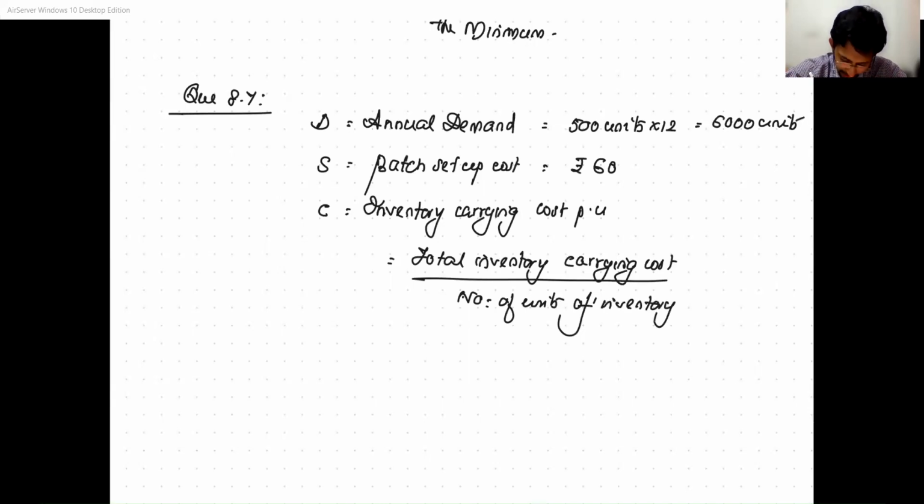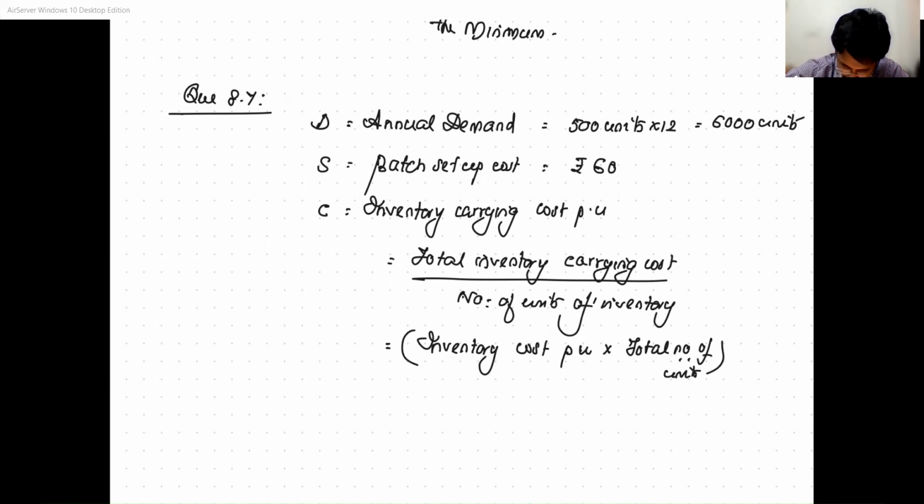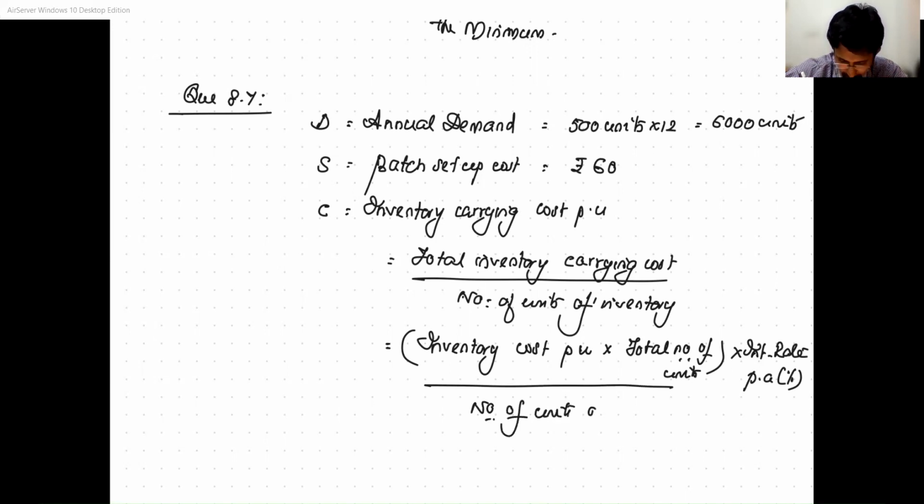Now, total inventory carrying cost is equal to inventory cost per unit into total number of units into interest rate per annum, whole divided by number of units of inventory.